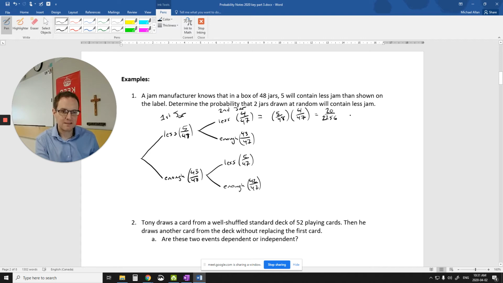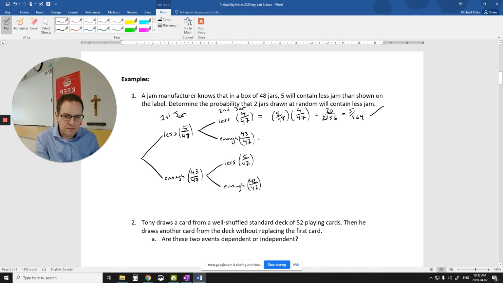Now, that's the probability. Actually, I'll just reduce it down right now. Do you want it in decimal form? No, it doesn't say anything about that. So this reduces down to 5 over 564. So that's the answer we're looking for. 2 less jars, that's the probability.